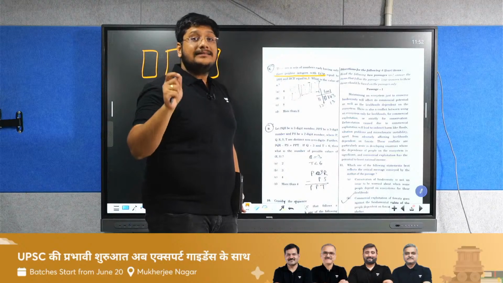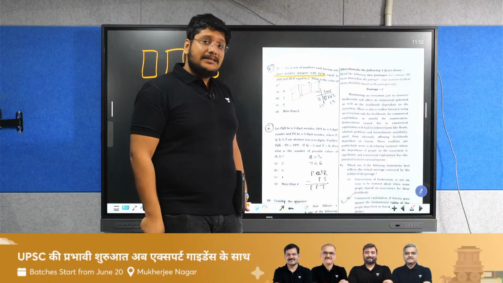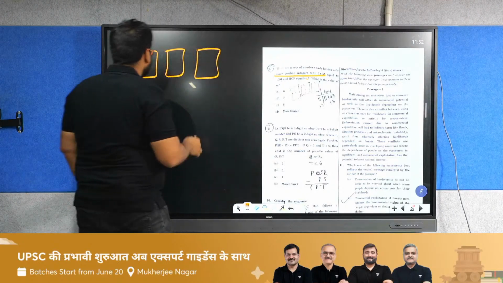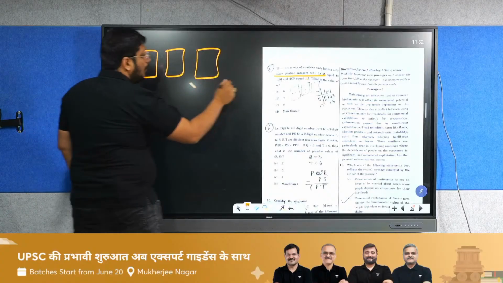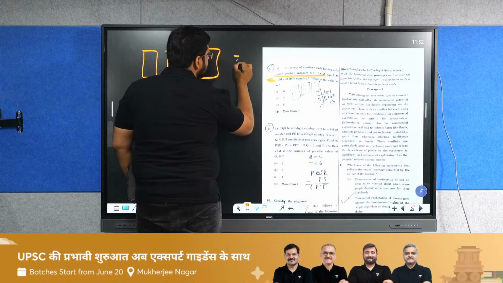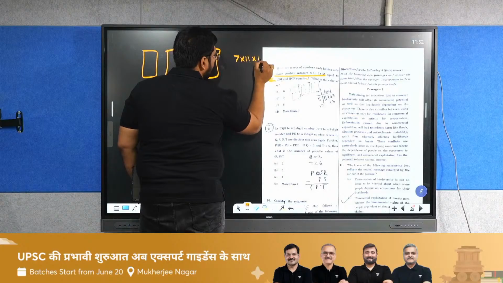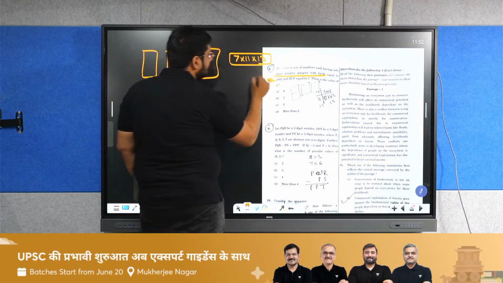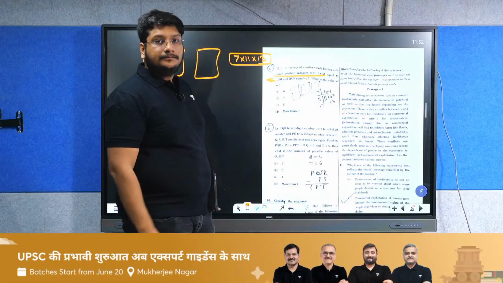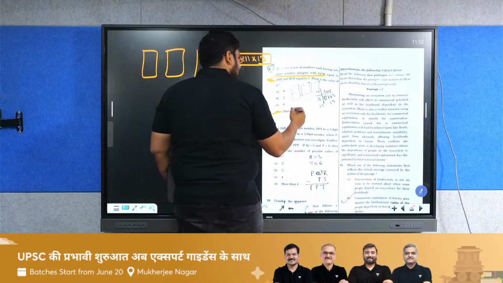How many such sets are possible? This is what has been asked. See, 1001 is formed by 7 into 11 into 13. As simple as that. Correct? Here the correct answer is D.